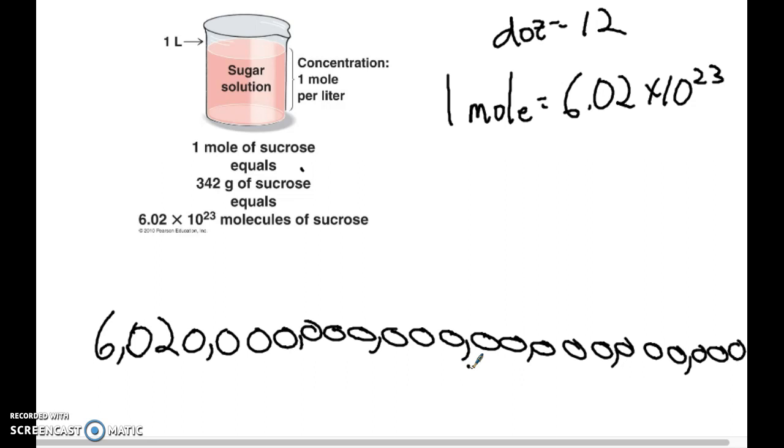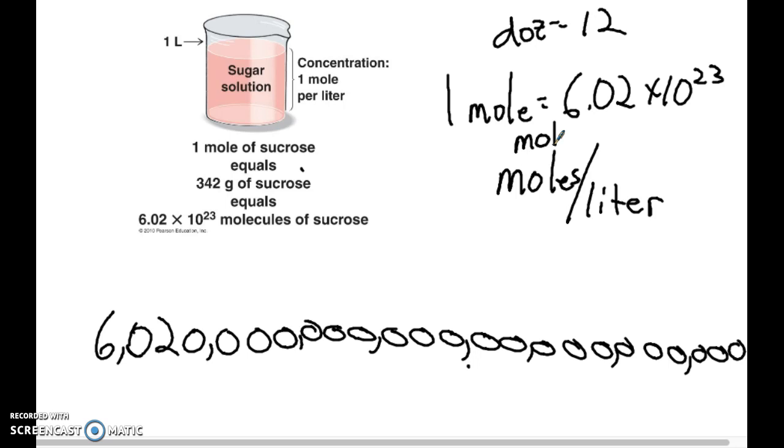Now, when we express that, if you have this many atoms in something, it is expressed in moles per liter. The abbreviation for mole, by the way, is MOL, which saves you a whole letter, so it's a really good abbreviation. Just for the record, if I ever put MOL, that's what it stands for. It's just mole. How many moles per liter?